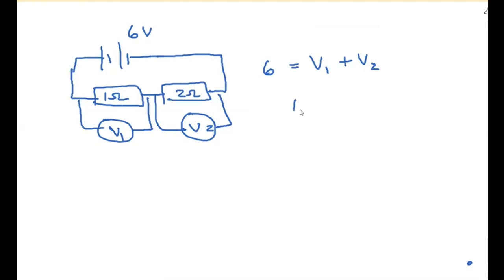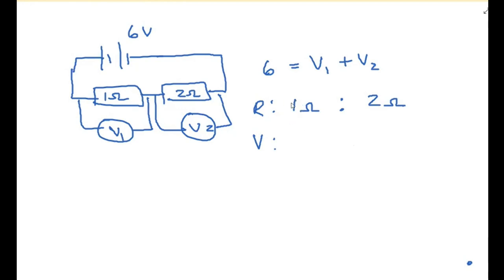So if I've got 1 ohm to 2 ohms, it means my volts are going to be in exactly the ratio of 1:2. So this is my resistance ratio. My voltage ratio is also going to be 1:2. So if you had to calculate what is V1 and V2, hopefully your maths is good. One way of doing it is you can work with ratios.